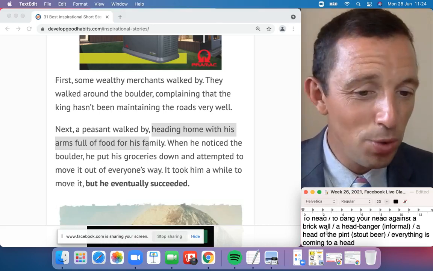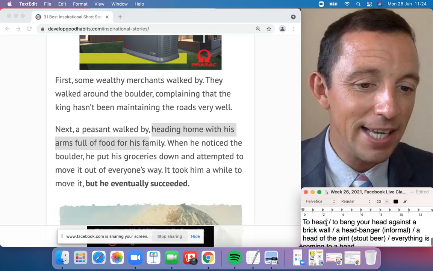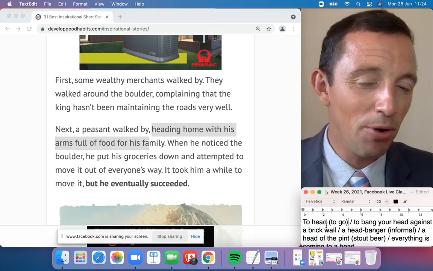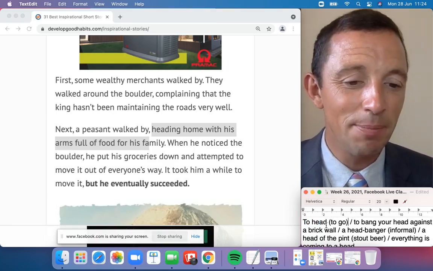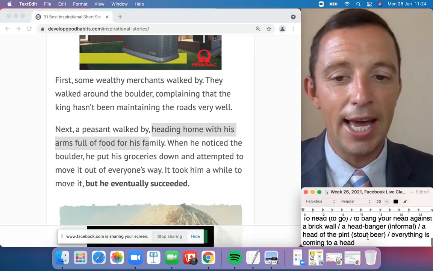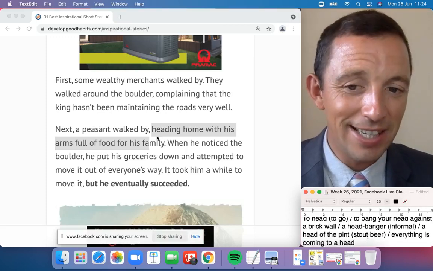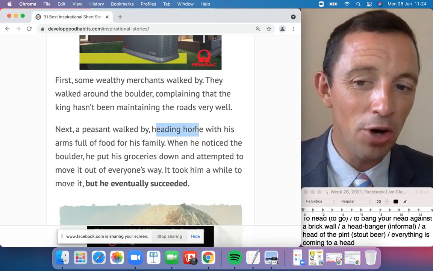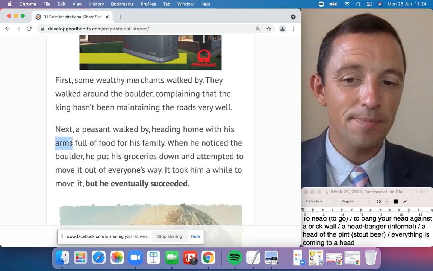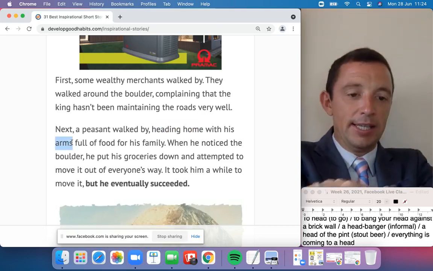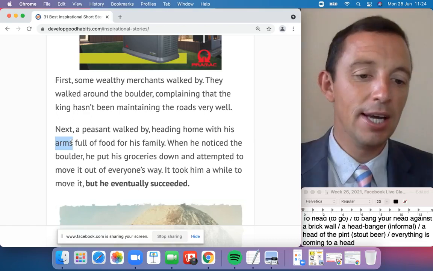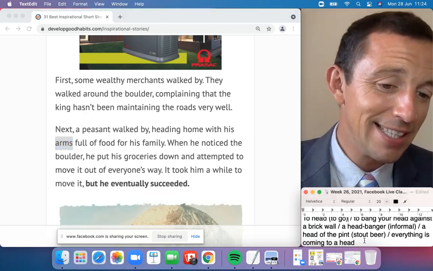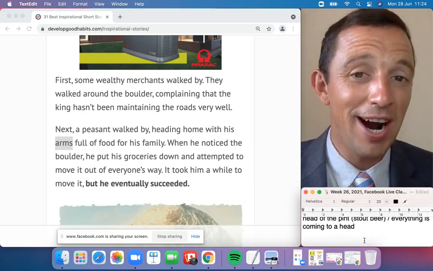But the verb to head is basically to go, and it's very important, very common, very typical. Okay, good, and that's the significance here. Heading home, going home with his arms. Arms are obviously this part of the body, your arms, but the second significance is similar in Spanish, armas.